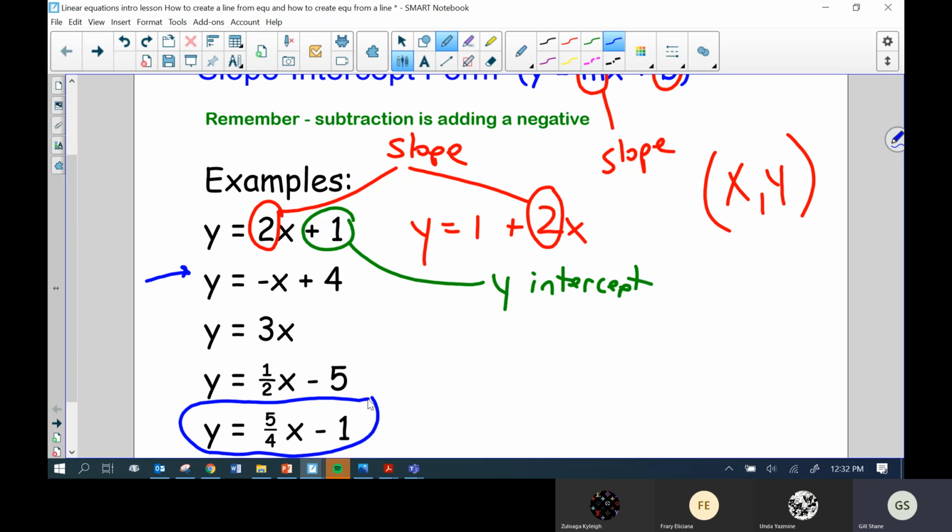This is 2x's. So we need to put the number there to know how many we have. We see the x, so we don't need a 1 in front of it. So the slope on that problem was -1.